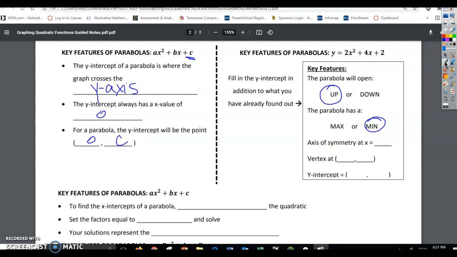I had to check to make sure, but the axis of symmetry we did find equals negative 1, and the vertex is (-1, 0). Now we said the y-intercept is (0, c), so it's going to be (0, 2) for this point.